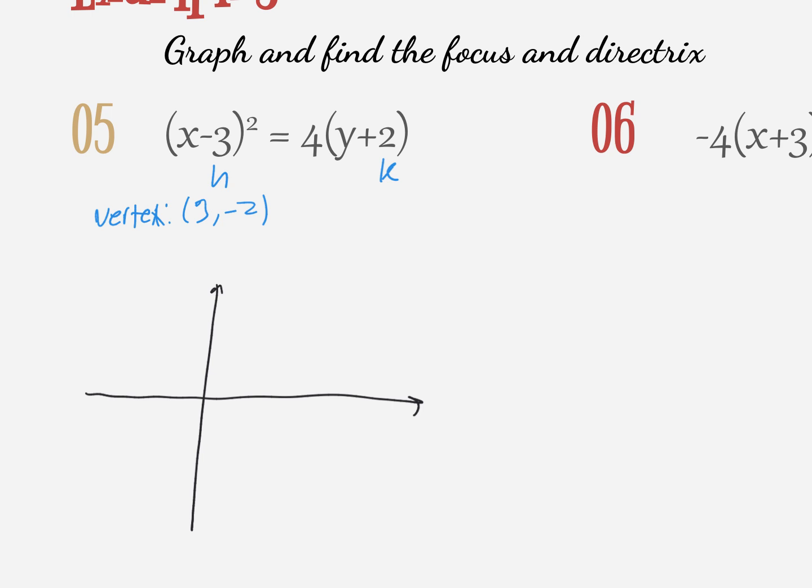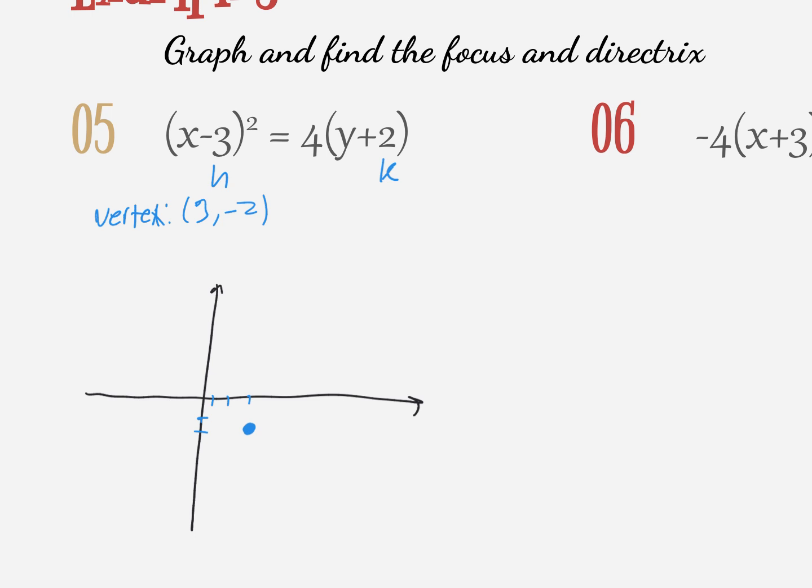Well, remember the standard form of a parabola requires x minus h and y minus k. That minus that you see with that 3 is not part of the 3, it's just part of the equation. 3 itself is the coordinate. Same thing with 2. If I see a plus 2, that's a minus negative 2. So I'm going to go 1, 2, 3 units, 1, 2 down, and you end up somewhere right here.